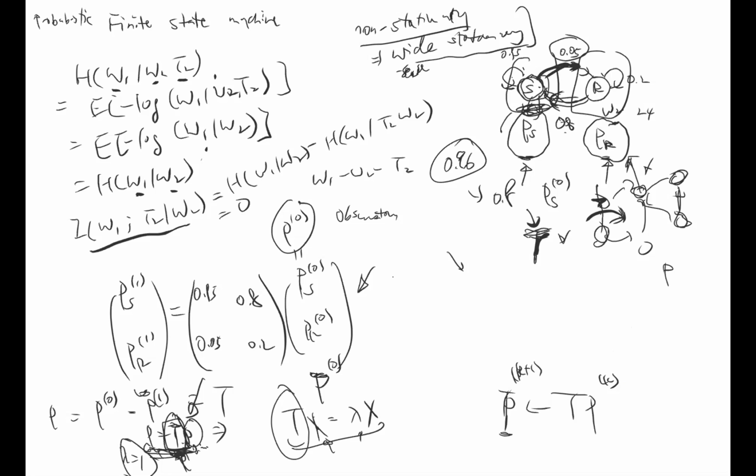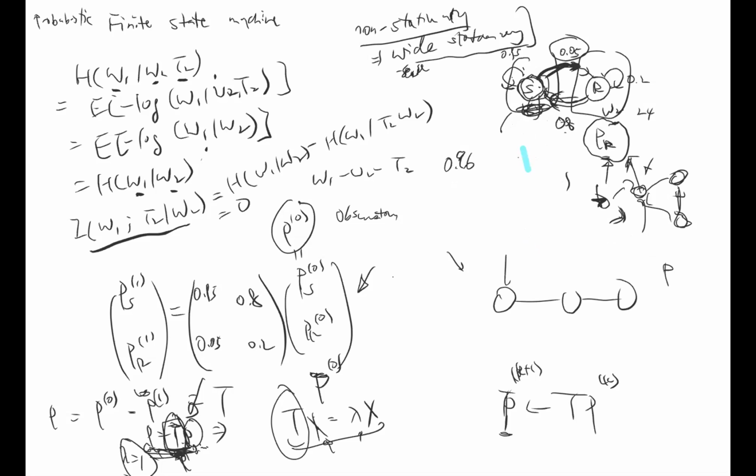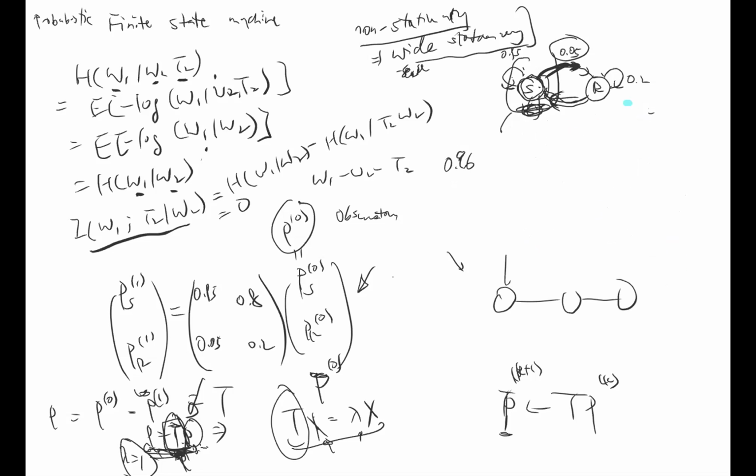Let's see what else I'd like to talk about. Maybe I should give you an exercise first, because to be fair, this is all a new concept, and when you compute the conditional entropy, most of you are still a little bit stuck.